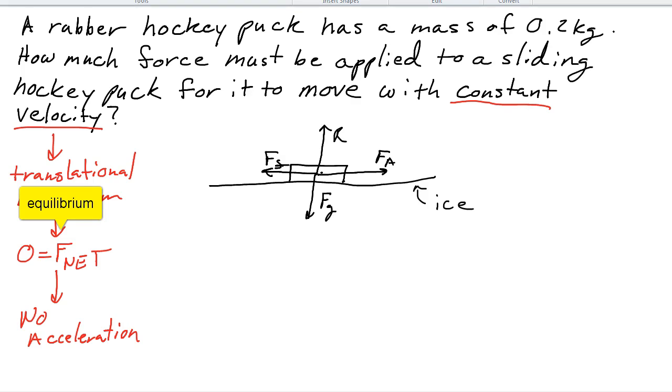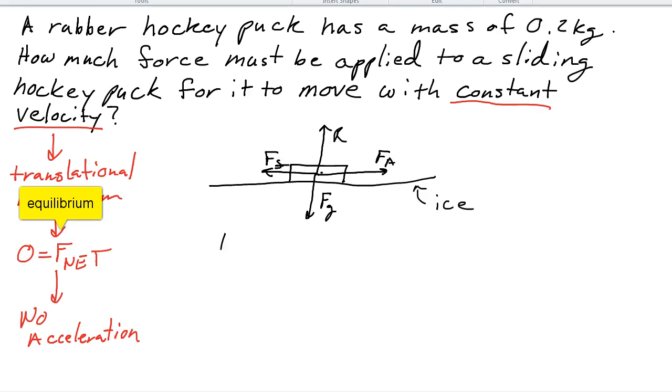So if you see the words constant velocity or at rest, you know that the object's in translational equilibrium. It has zero net force, and it has no acceleration. If it's moving with a constant velocity, it's just not accelerating. Okay, so let's start solving our problem. We know that F net is zero, which means all our forces are balanced.